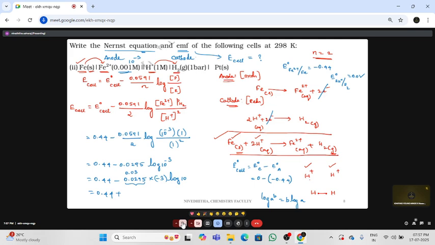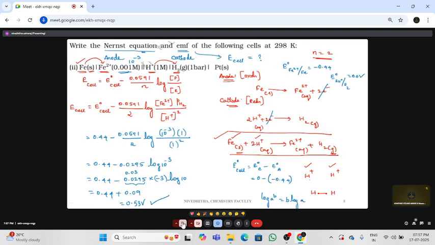If you multiply these two values, it is 0.09, so 0.52. You're right, your answer was right. Approximately 0.53 volt.